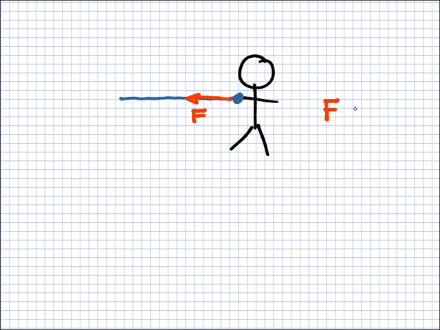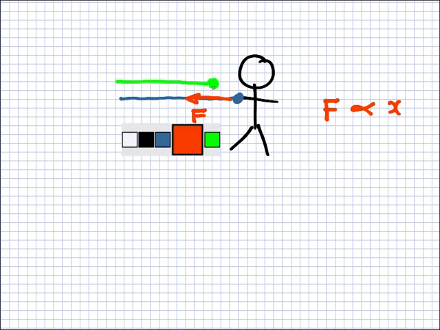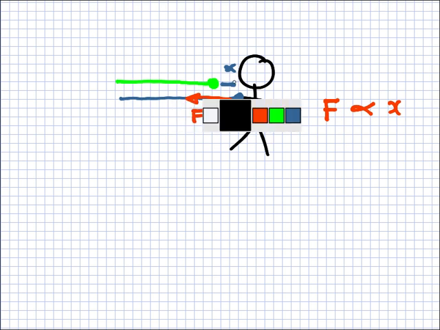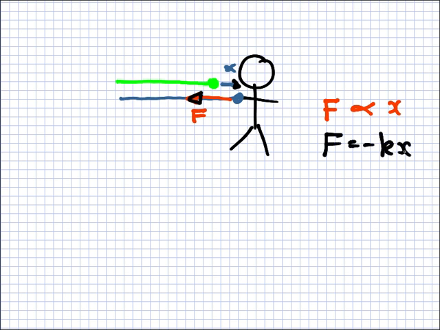And that force is proportional to the x. So maybe in the beginning it's this long, and then you pull it this distance x. The bigger the x, the more force you get. Because the force is opposite to the x, the x is to the right and the force is to the left, we can say this is F equals minus kx.